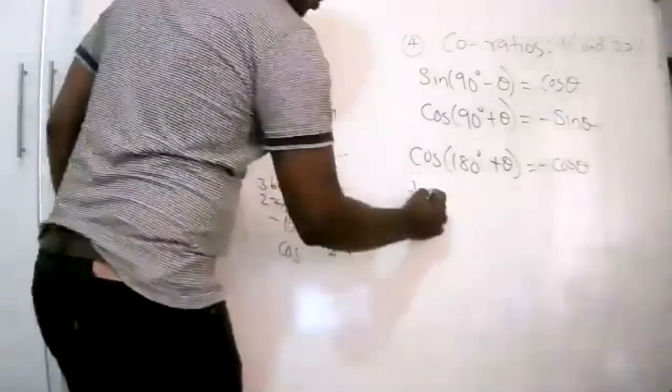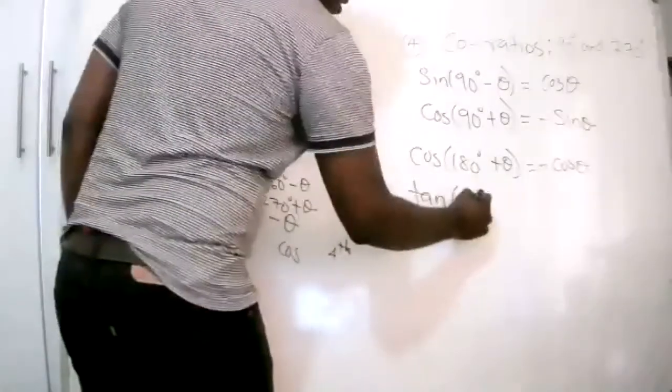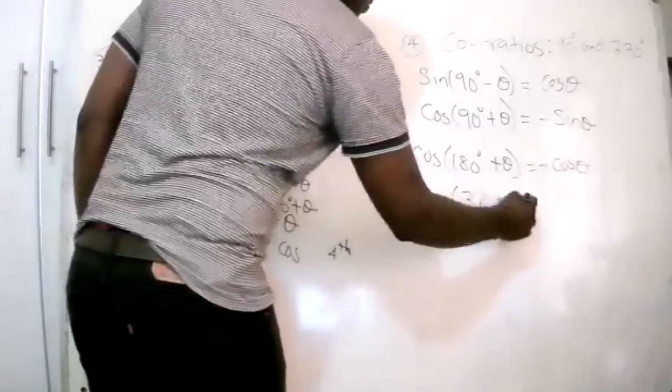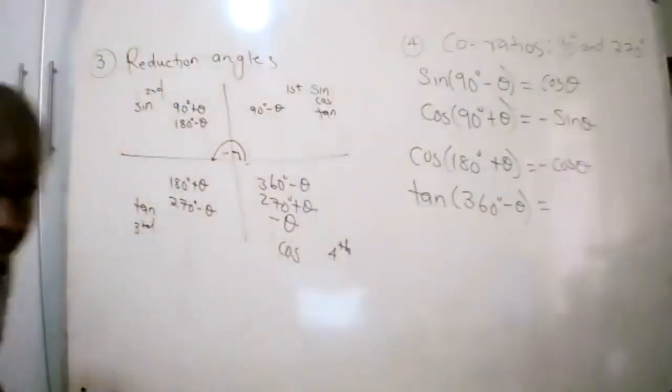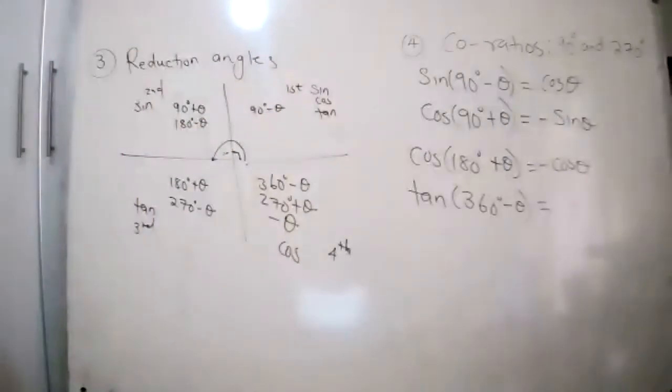Yes. All right. We can also try tan of 360 minus theta. Can any one of you tell me what that may be equal to? Negative tan theta.